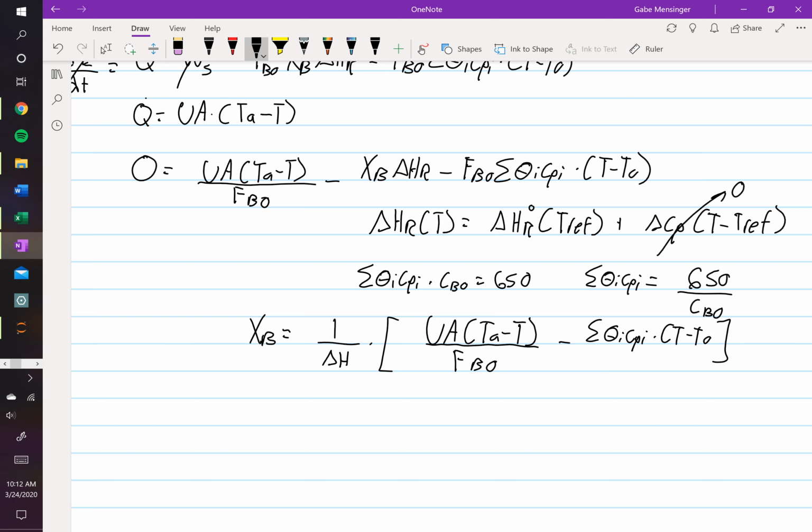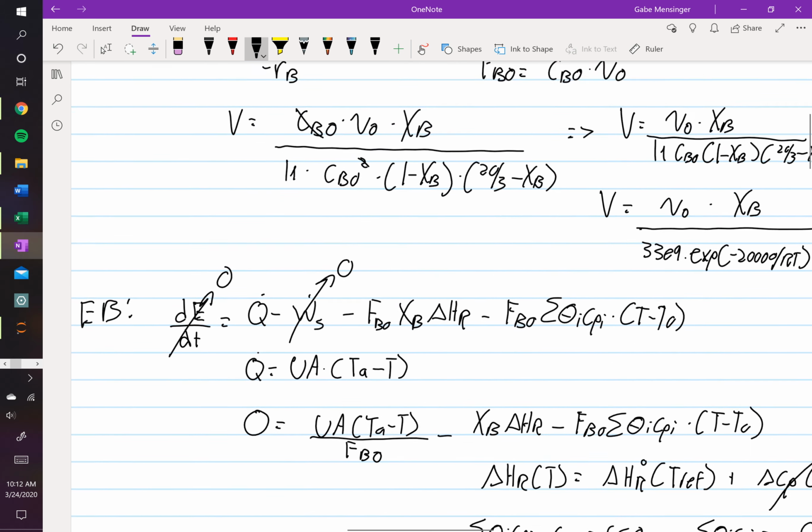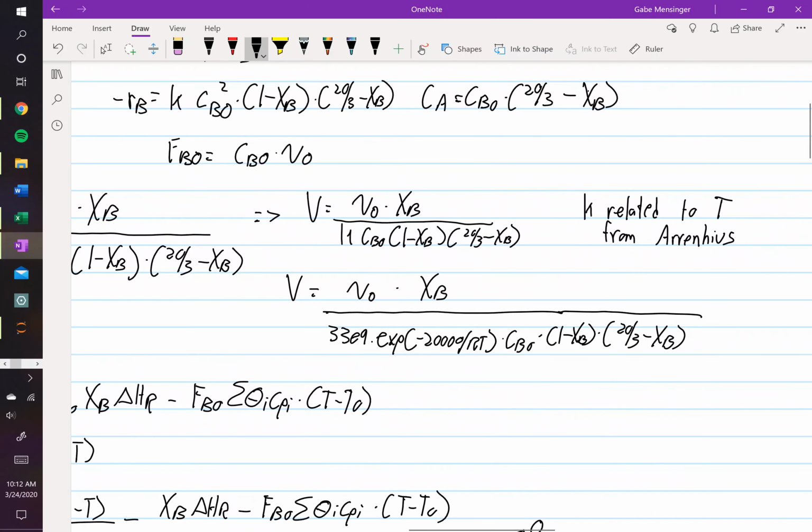So in this case, we were able to directly solve for the conversion in our energy balance. Up here in our mass balance, since we've got 3 instances of X, that would have been much more difficult, which is why I just left it the way it is.